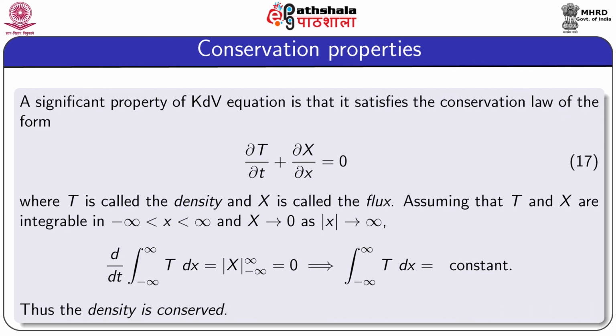Assuming that T and X are integrable in the interval minus infinity to plus infinity, and if you assume that capital X tends to 0 as mod x tends to infinity, then integrating equation 17 with respect to x over the interval minus infinity to plus infinity, we get d/dt of the integral from minus infinity to plus infinity of T dx equals the value of X at minus infinity to plus infinity.